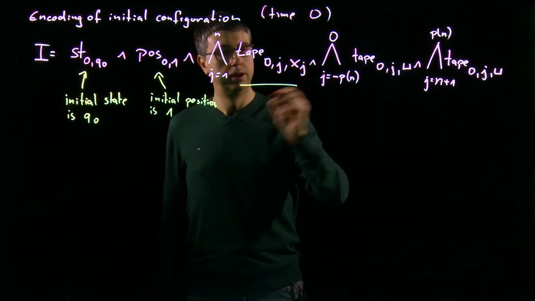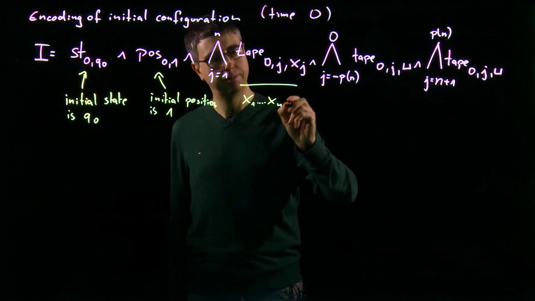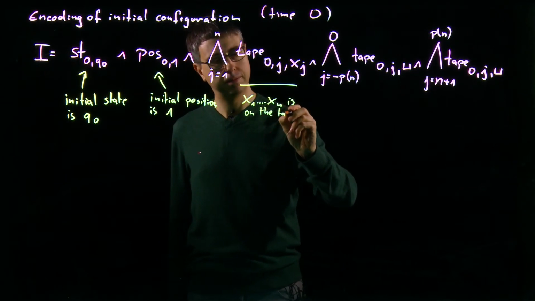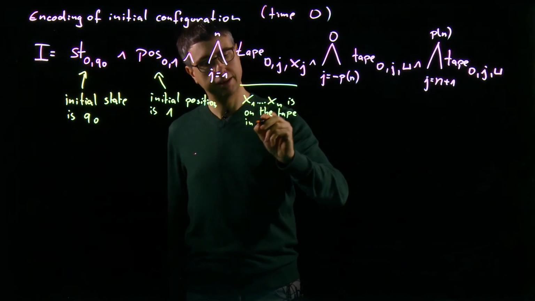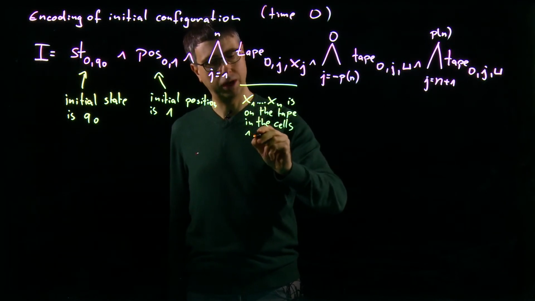Here we have x1 up to xn on the tape, in the cells from 1 to n.